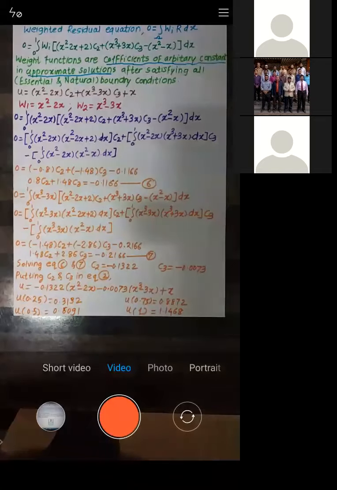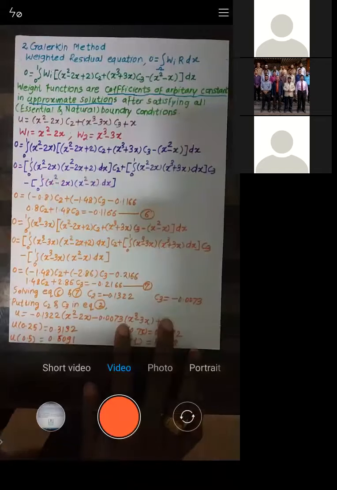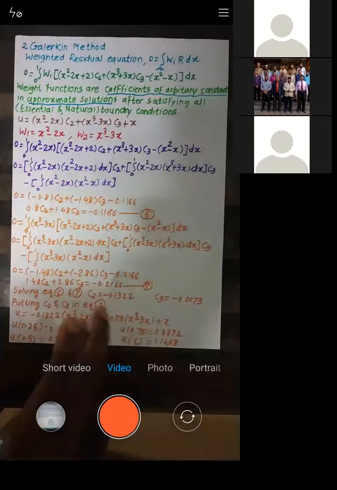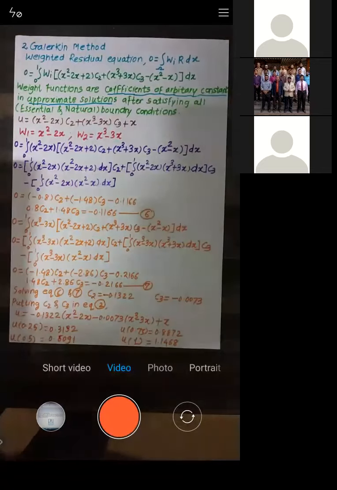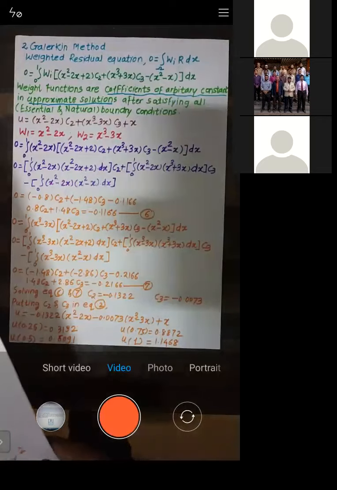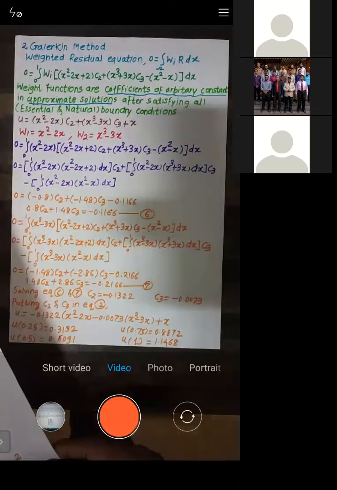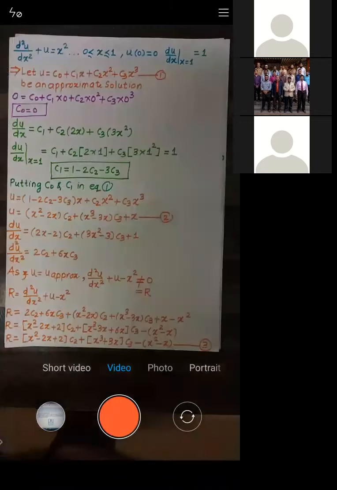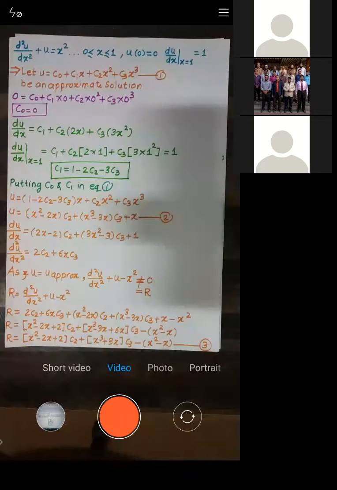Okay, so today we will stop here, and in the next lecture we will practice the same problem with the remaining methods, least square and subdomain.